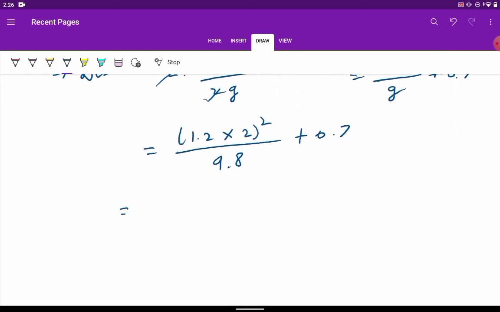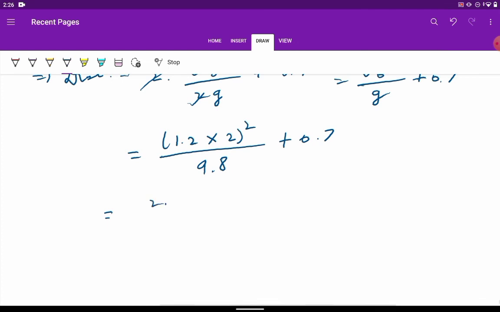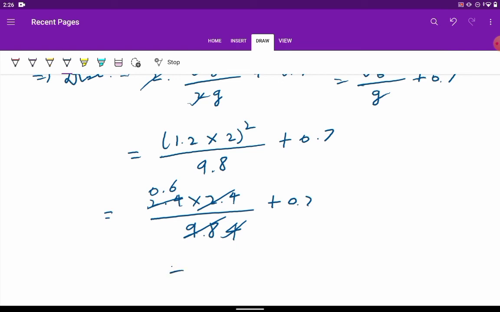So which is 2.4 times 2.4 over 9.8, plus 0.7. This roughly goes 4 times, and this goes 0.6 times. So 0.6 plus 0.7 gives you 1.3 meters.